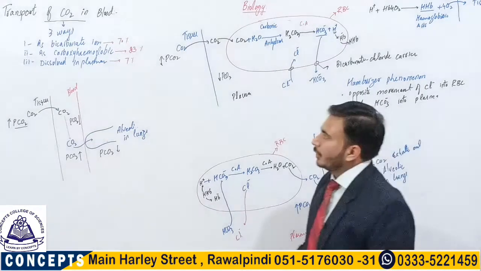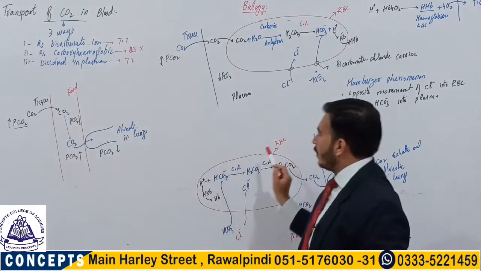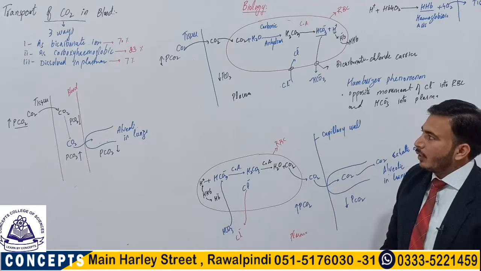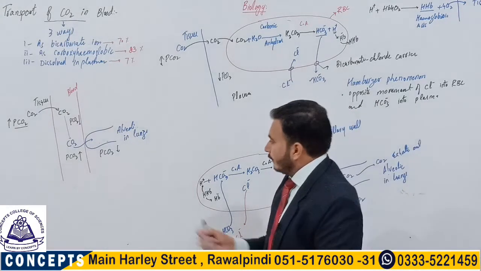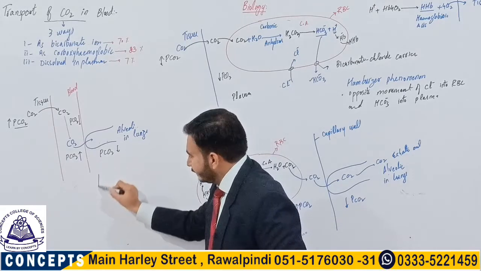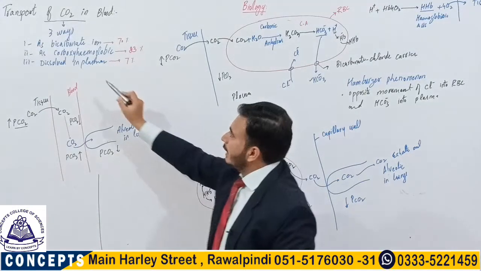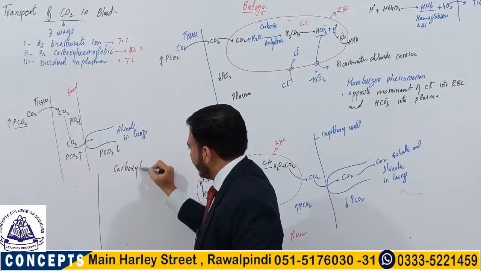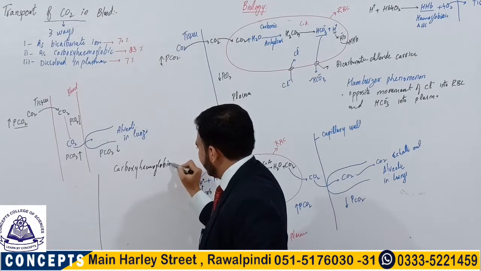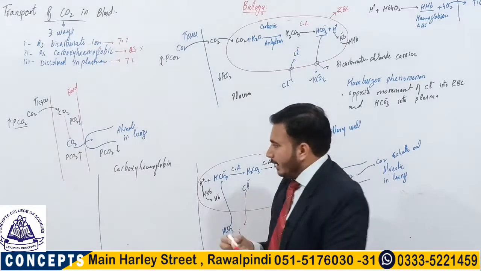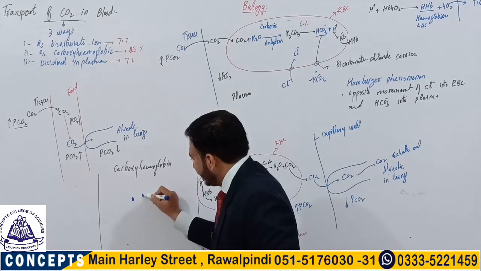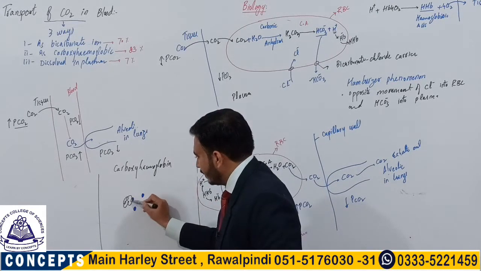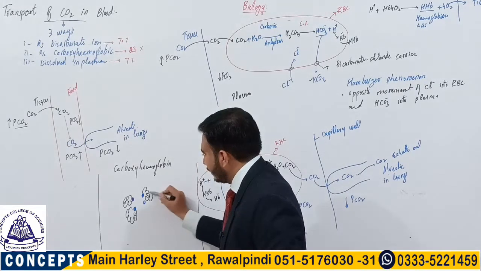So this is the transportation of carbon dioxide in the form of bicarbonate ions, carboxyhemoglobin, and dissolved carbon dioxide. Now let's see how carbon dioxide is transported as carboxyhemoglobin. Carbon dioxide attaches to the globin part of hemoglobin.